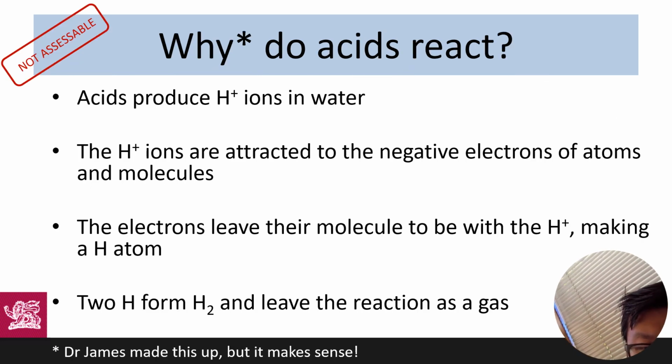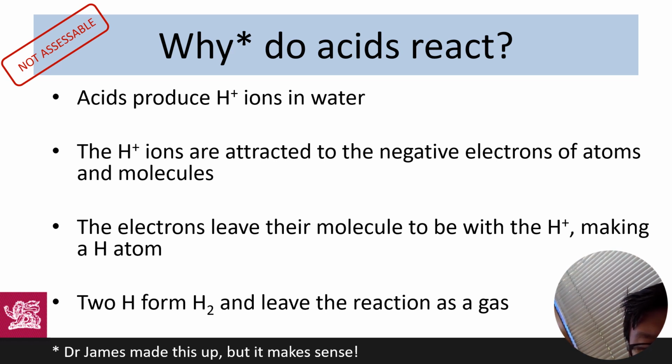All right, this is not assessable, but just for your curiosity, if you're wondering why it does that, we already know that acids are proton donors, and they will do that when dissociated in water.